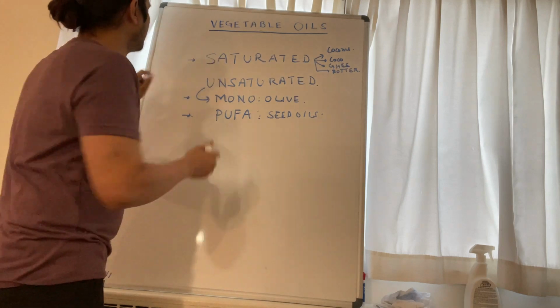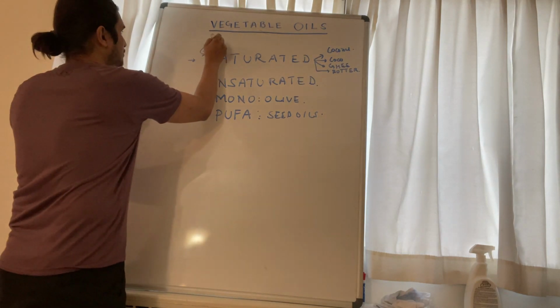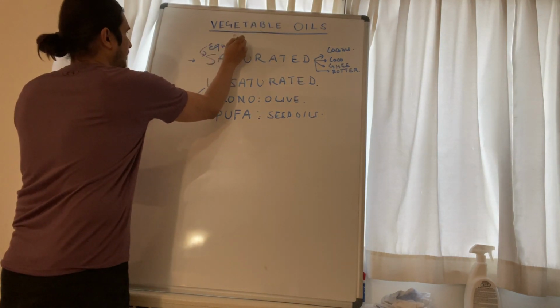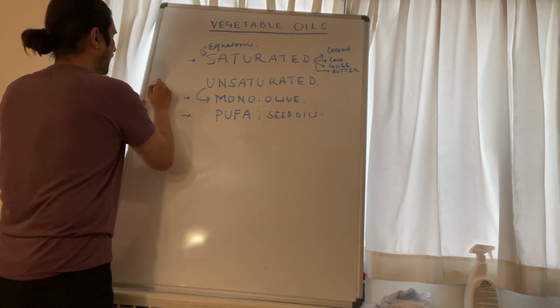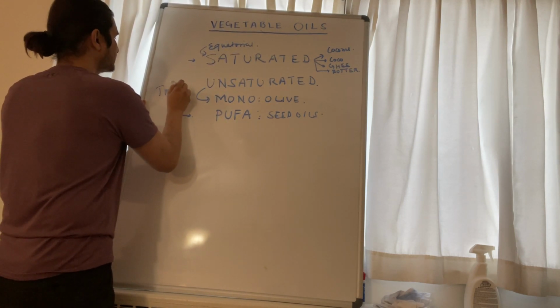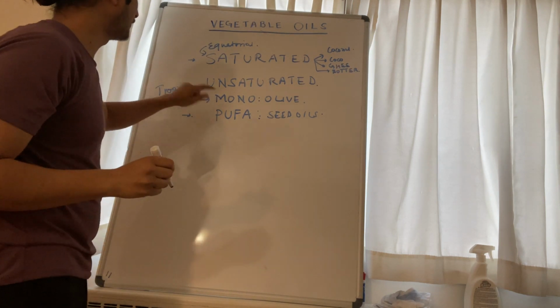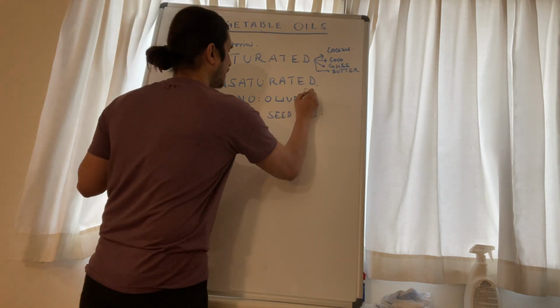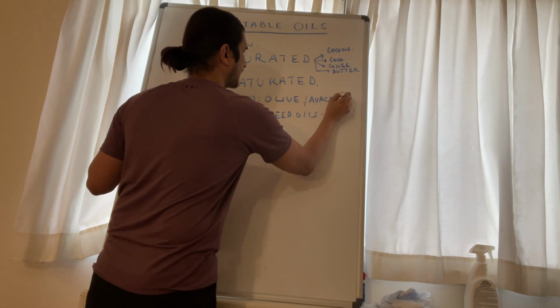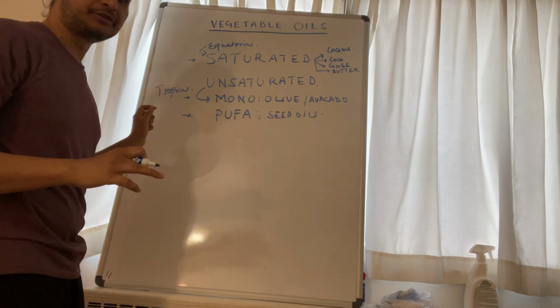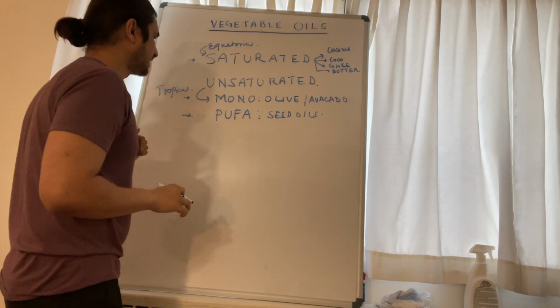Now, saturated fat grows in the equatorial regions naturally. Then there is a little bit in the tropical regions. I would say things like India and Mexico, you'll have a lot of tropical regions. So olive and avocado are the main ones, and they are kind of healthy oils, if you will. And then there's the polyunsaturated.